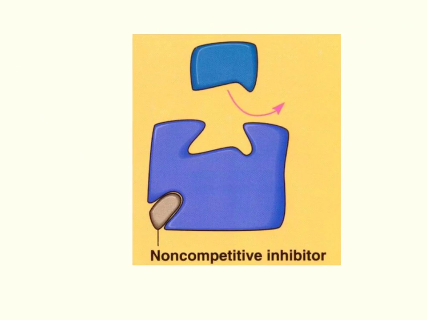Right, now we know there's also non-competitive inhibitors. Now, here's our non-competitive inhibitor down here. Its shape is not complementary to the active site, but it is complementary to an alternative site on the enzyme. So the non-competitive inhibitor comes in and binds at the alternative site, where it is complementary in shape.